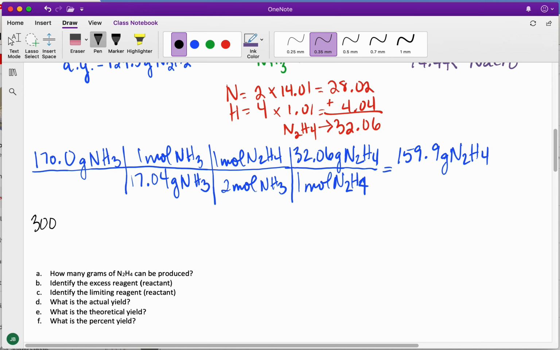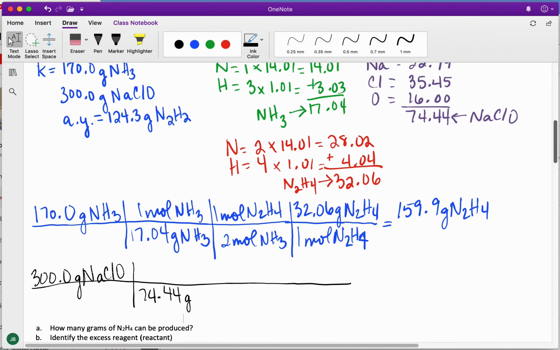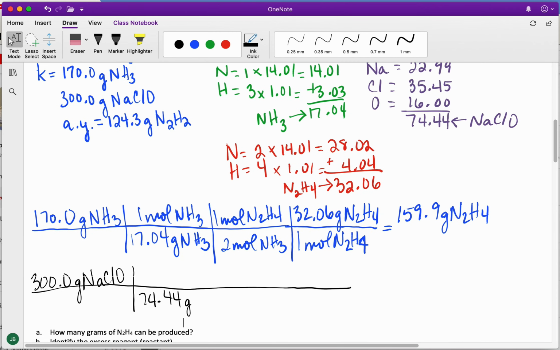So we have 300 grams of NaClO. All right, now we're going to do the molar mass. 74.44 grams. That way you can see my numbers and where I'm getting them from.